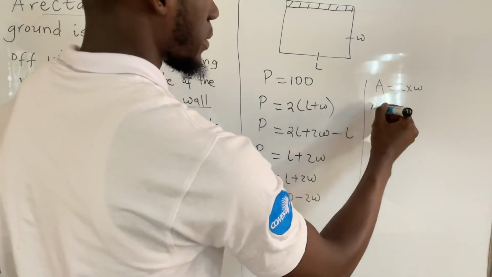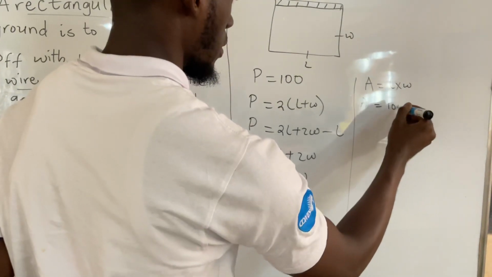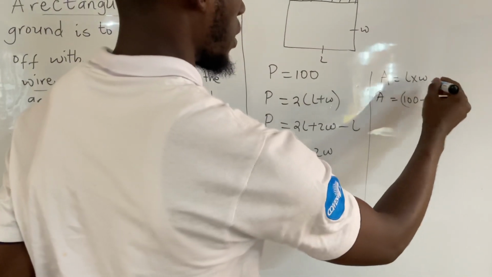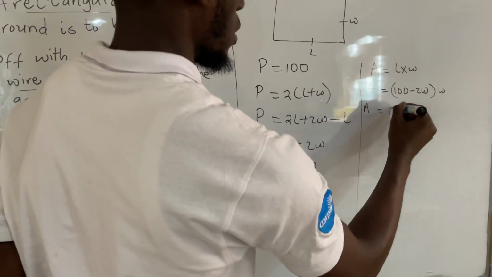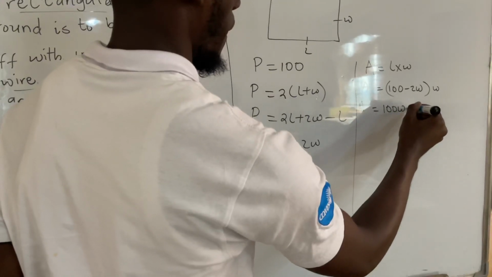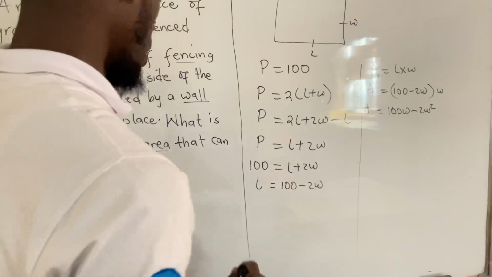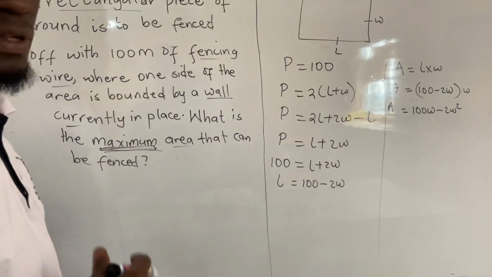Our area is equal to the length, 100 minus 2W, multiplied by the width, which is just W. So area is equal to 100W minus 2W squared.